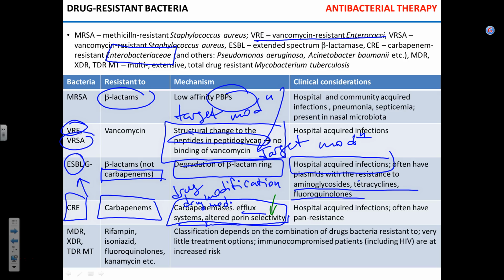So this, what do you think altered porin selectivity means? What is the function of porins? In gram-negative microbes, porins are in the outer membrane. Think about the name, porin. What it sounds like.